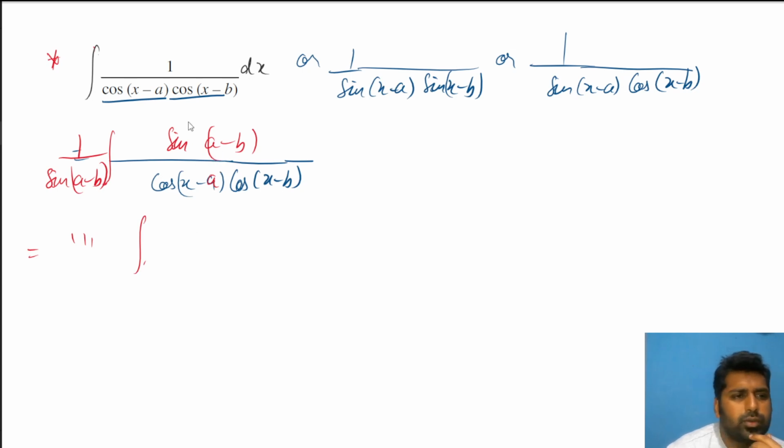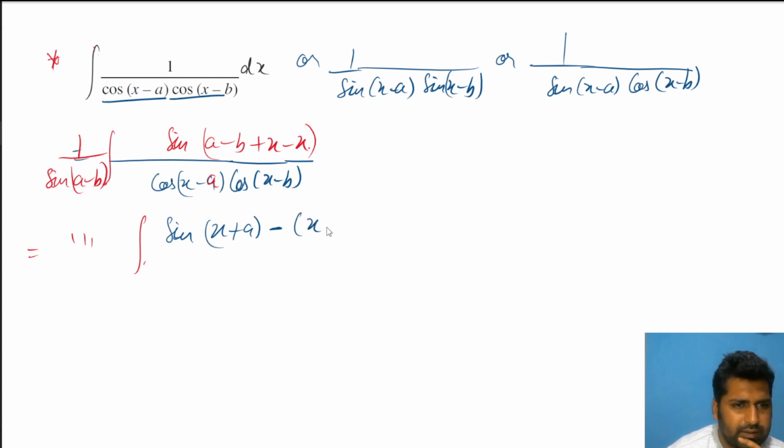So now what you do is, after doing this, you add x and you subtract x. Okay, first of all we generated sine(a minus b). The second step is add x and subtract x in this expression inside sine. Now what does that do? That makes it look like x plus a minus x minus, sorry, I don't want plus because x minus a is there.